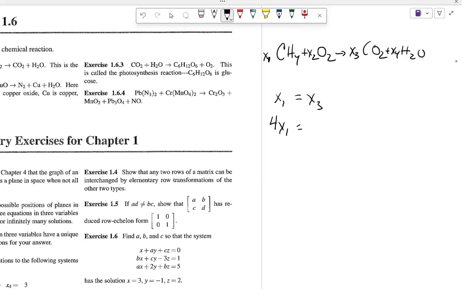How many hydrogen atoms are on the right? 2x4. So those have to be equal. How many oxygen atoms are on the left? 2x2. How many oxygen atoms are on the right? 2x3. Okay. Everybody see where those are coming from? No? What's just causing the issue?